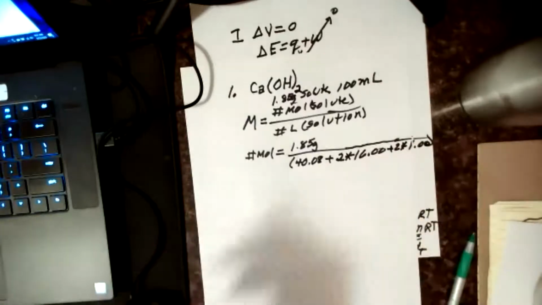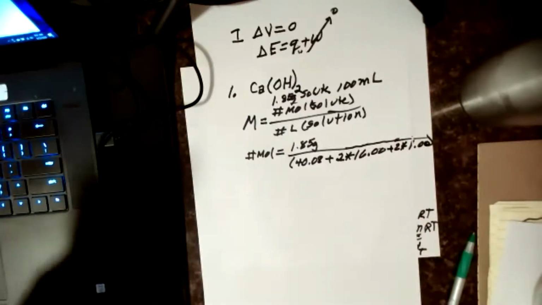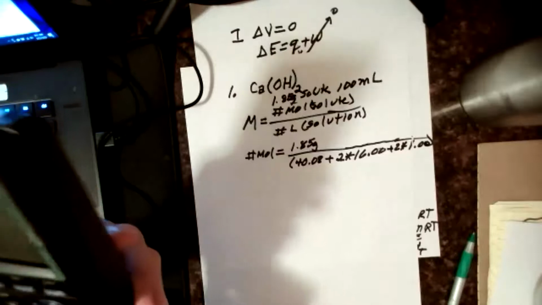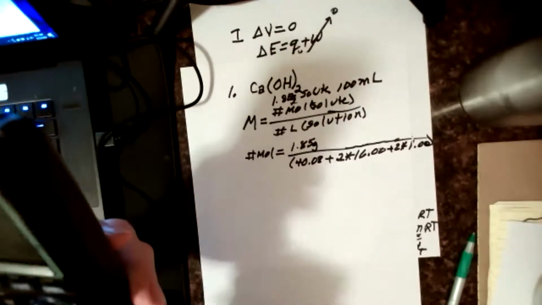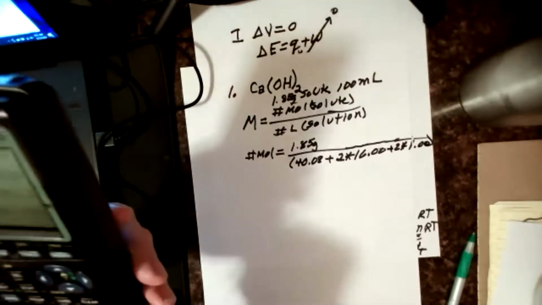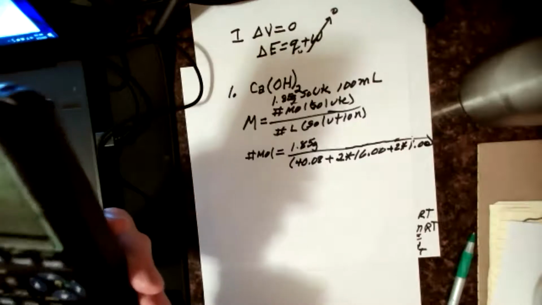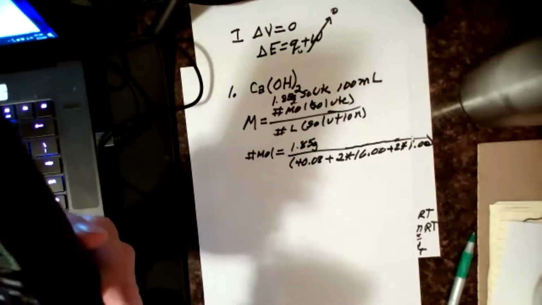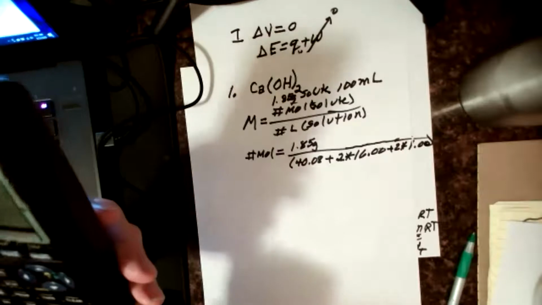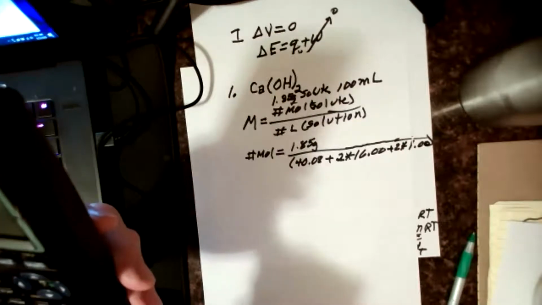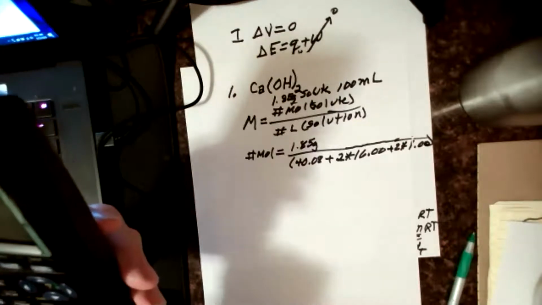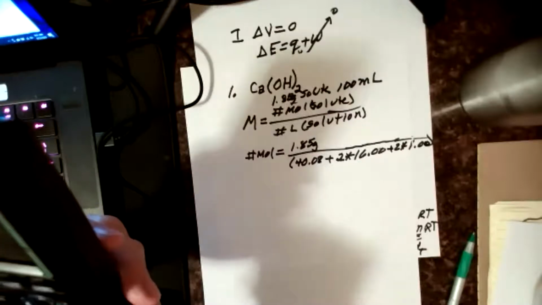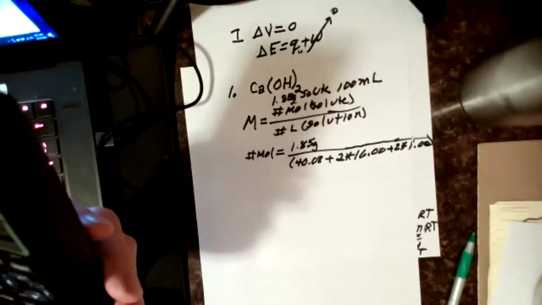Okay, now we can calculate the number of moles. 1.85 divided by, left parenthesis, 40.08 plus 2 times 16 plus 2 times 1.008 is the other digits if I wanted it.